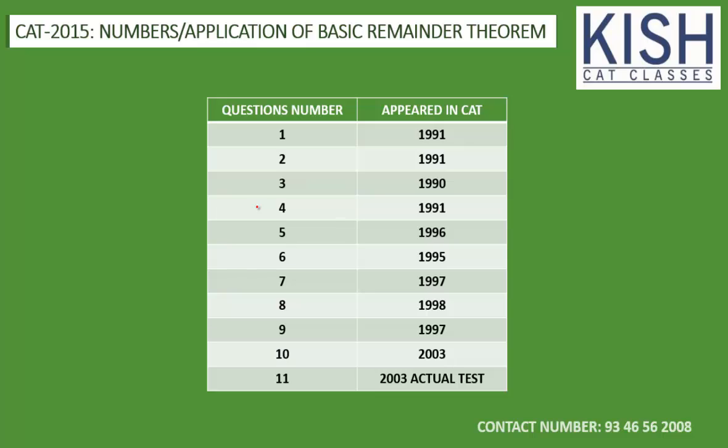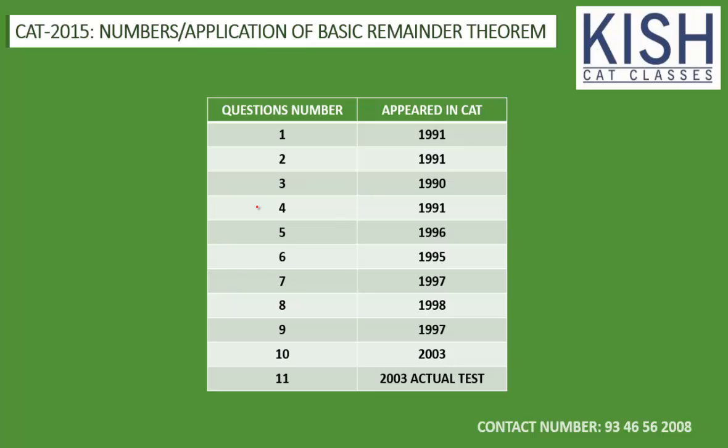Now, these 11 questions are taken from 1990 to 2014 CAT. Since the level of difficulty of all the 11 questions is very easy, that is why after the 2003 actual test, because there were two tests in 2003, one is actual and then because the previous test got leaked, they had to conduct one more test.